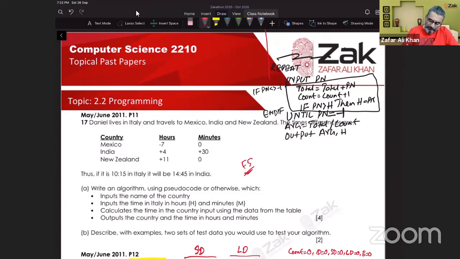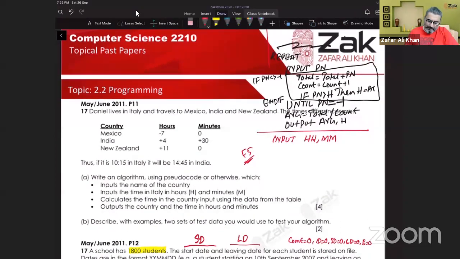So what do we have to input? Input hours and minutes in Italy. Write an algorithm using pseudocode or otherwise which inputs the name of the country, then hours and minutes, H and M. So input the name of the country, then H and M, as in hour and minute.